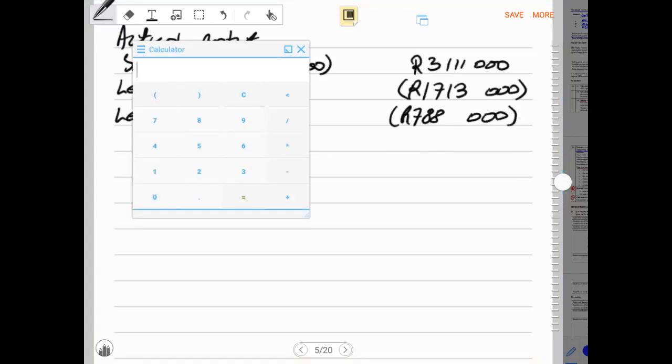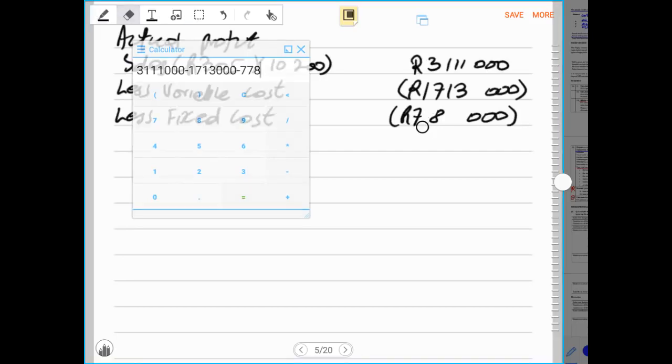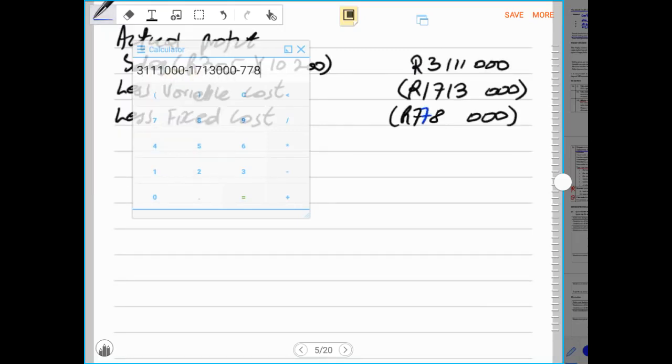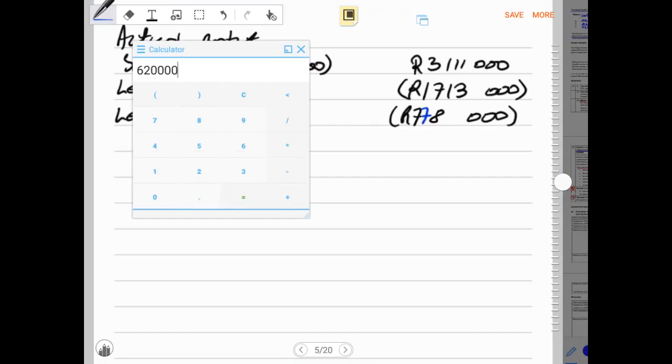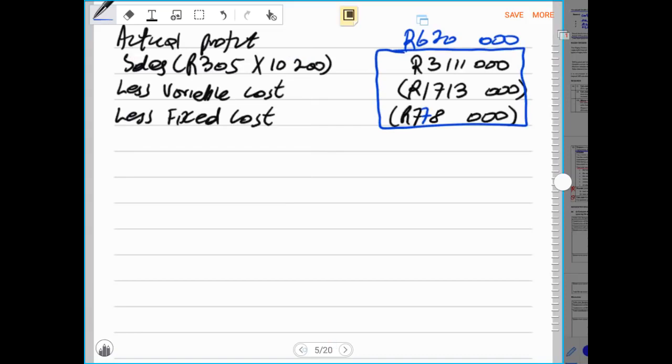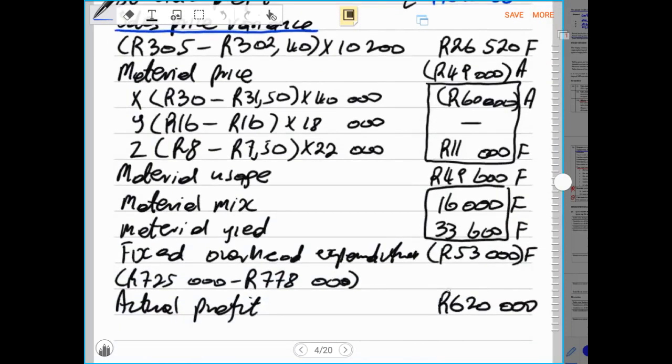So when I say 3,111,000 minus 1,713,000 minus 778,000, it gives me the actual profit as 620,000 rands. So you can see that our actual profit is 620,000 and our reconciled profit from budgeted is 620,000.